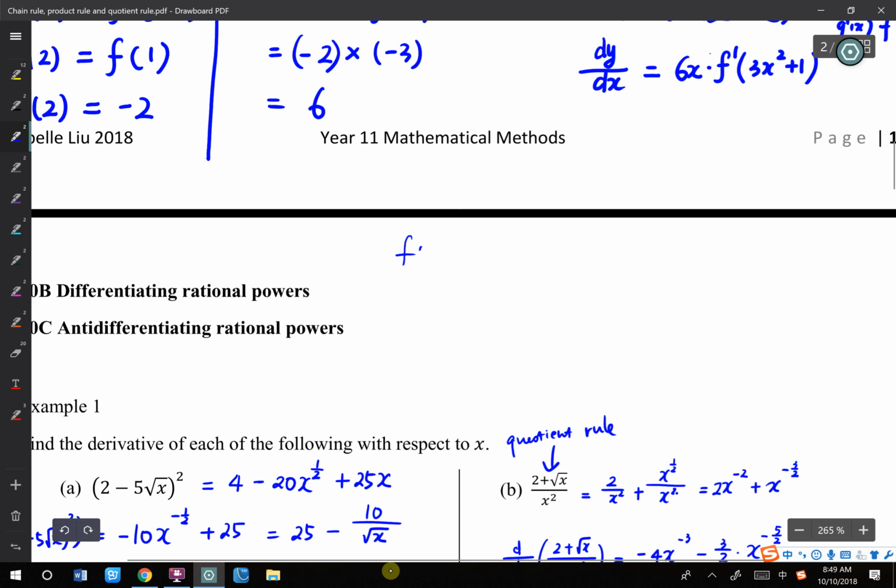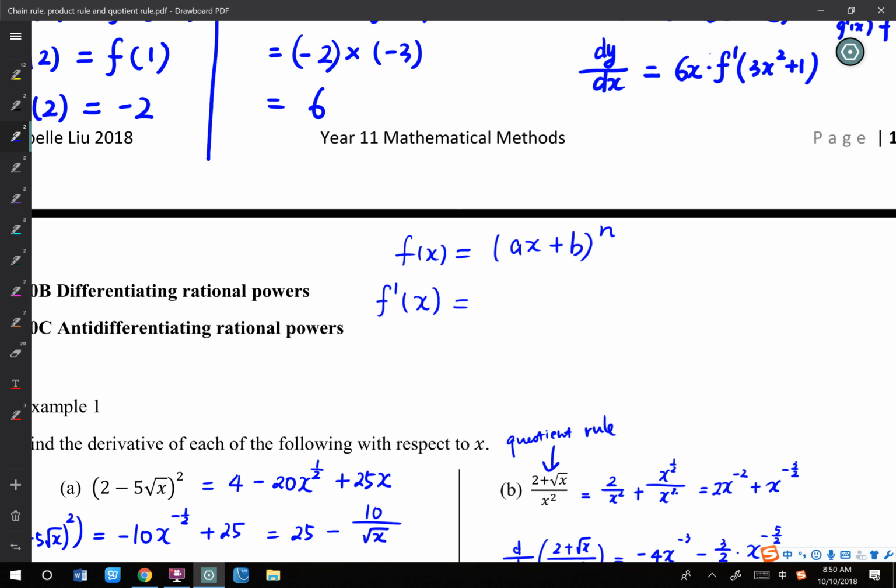If I have f(x) equals (ax plus b) to the power of n, what's the derivative? Just in terms of a, b, n. What's your g(x) here? Yeah, ax plus b. So we still do the normal steps. What's the first step? n. And what else?